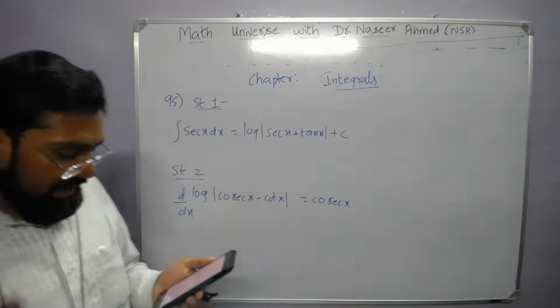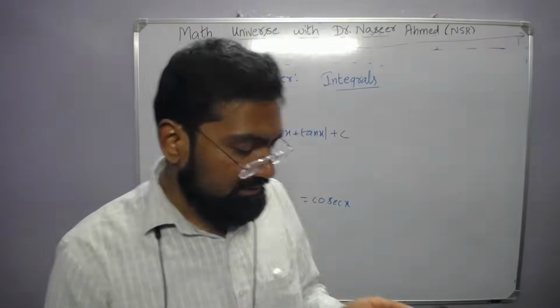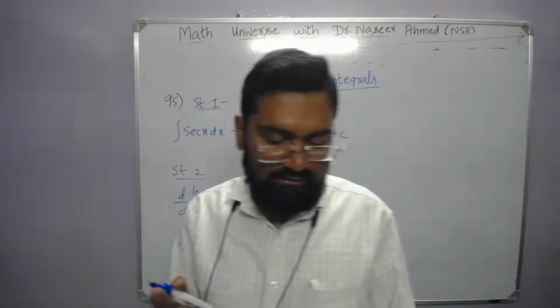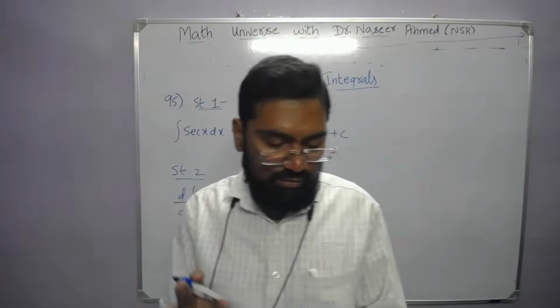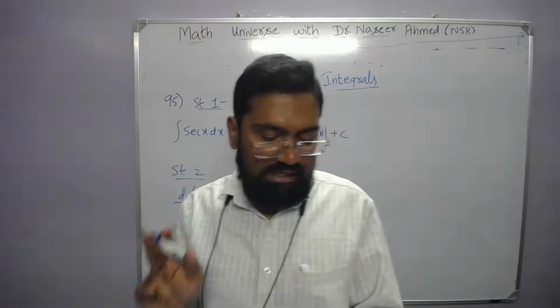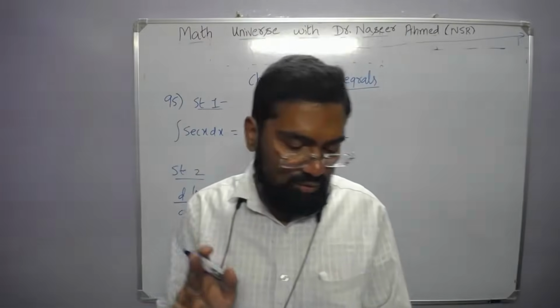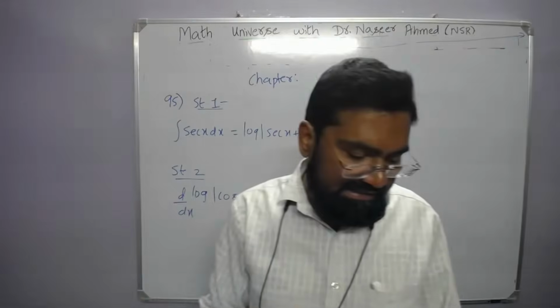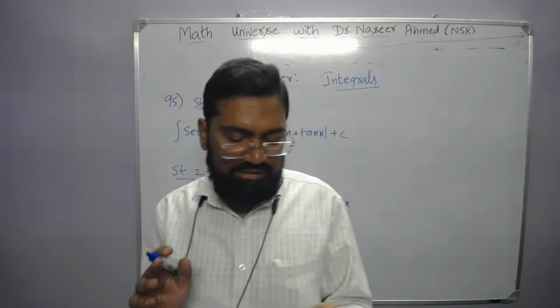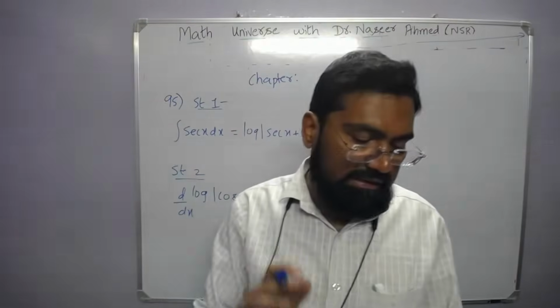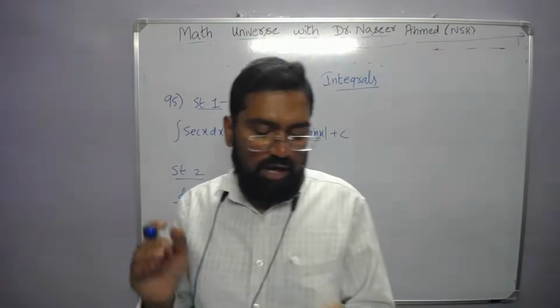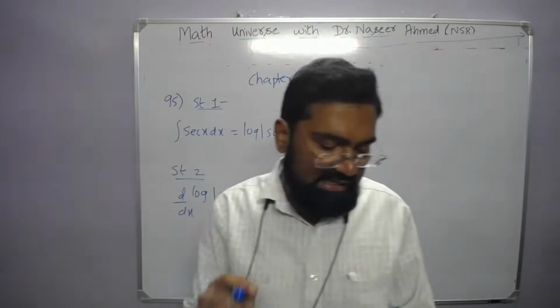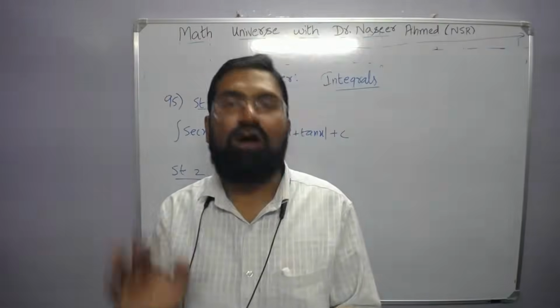Now the options: option A is statement 1 is true and statement 2 is false. Option B is statement 1 is true and statement 2 is true, and statement 2 is a correct explanation for statement 1. Option C is statement 1 is true and statement 2 is true, but statement 2 is not the correct explanation for statement 1. Option D is statement 1 is false and statement 2 is also false.